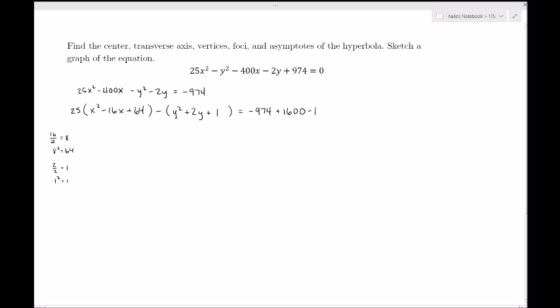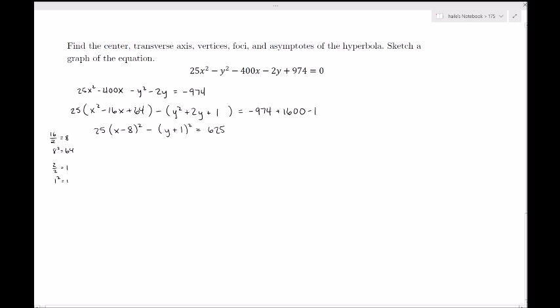Okay, so now we just need to simplify and factor. So we'll have 25, and if we factor the x terms, we'll get x minus 8 squared minus y plus 1 quantity squared. And if we add everything together on the right side, you should get 625.